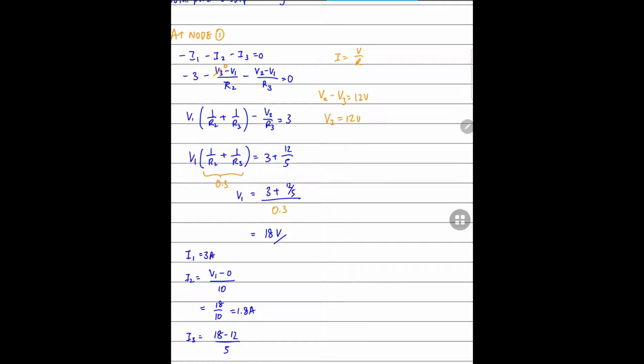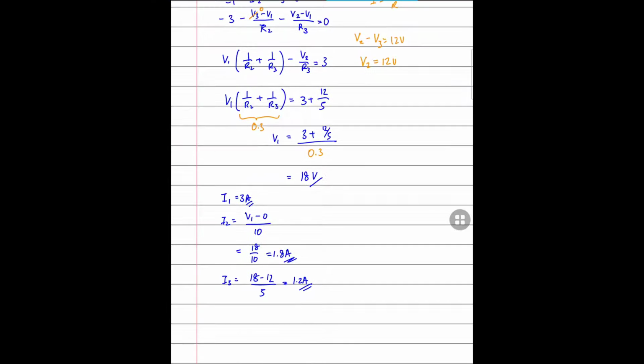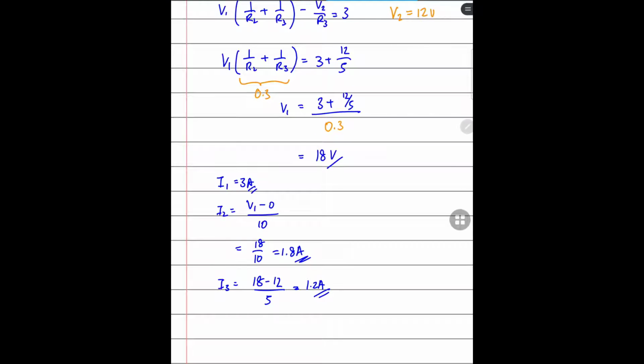But notice how the question is phrased differently, in which the current directions all point towards node 1. In the way that we do it, we assume the currents I2 and I3 point outwards, which is why we get positive values.